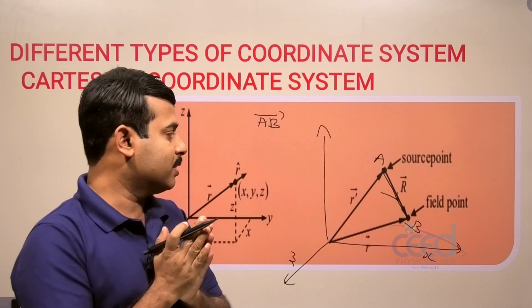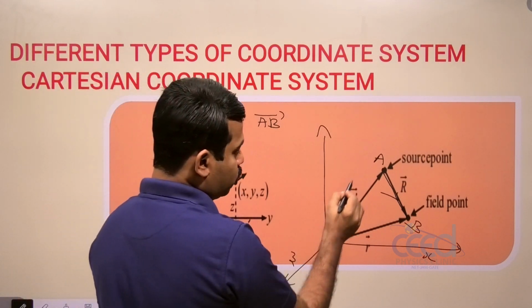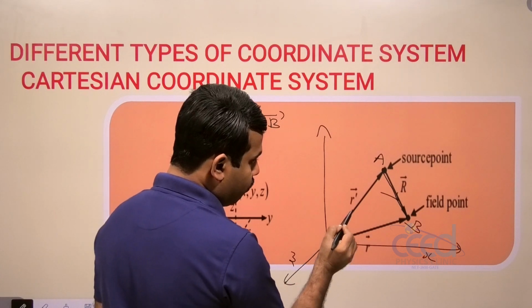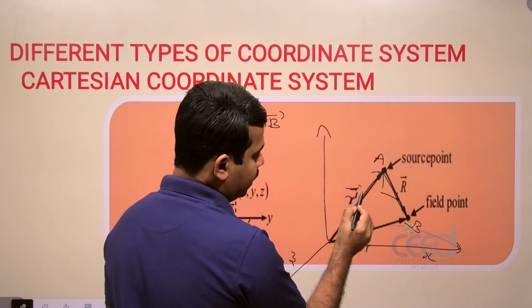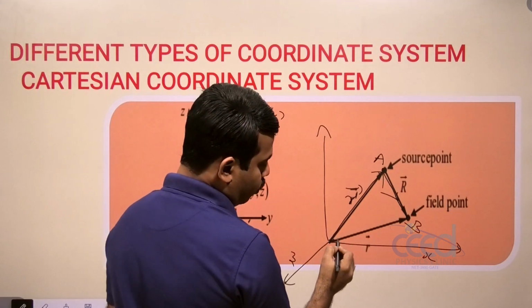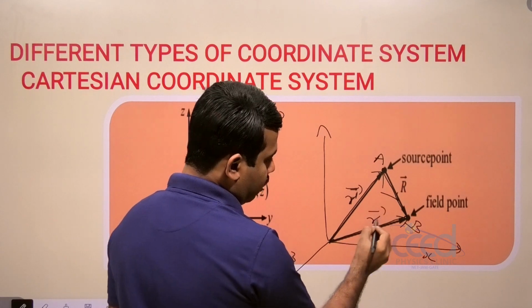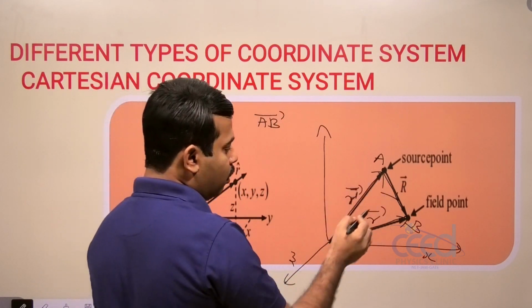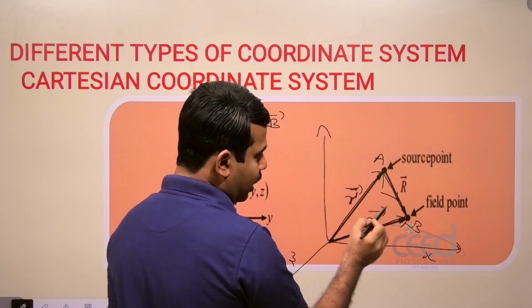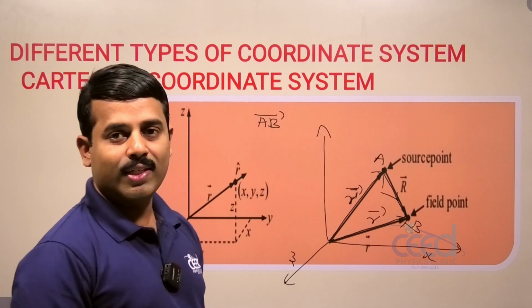Now, how do we represent it using the vector concept? You can see this is the position vector to the point A, which I have taken as r dash, and this vector, the position vector to B, I have taken as vector r. By the triangle law, these two sides are in the same order, but this side is in the reverse direction.